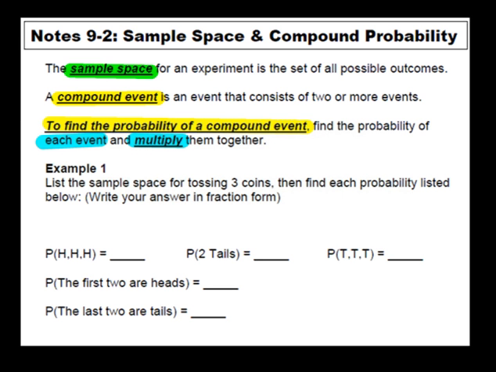Our first example says, list the sample space of tossing 3 coins and find the probability of each, and write your answers in fraction form. So we're tossing 3 coins. All 3 coins could land on heads. The first 2 could land on heads and the third on tails.